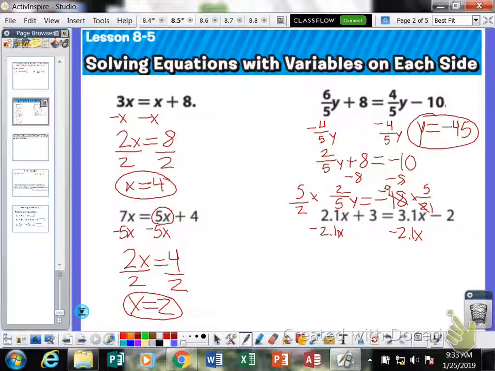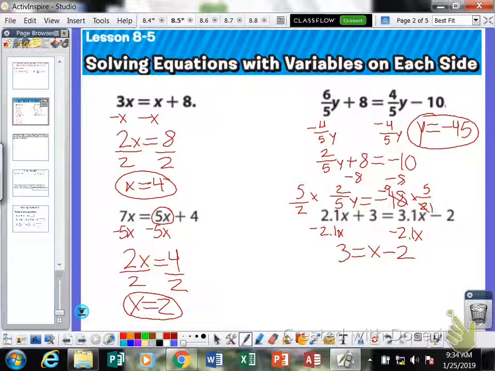It would leave you with a negative on your left side, and I like everything to stay positive. It just looks better to me, so I'm going to stick with subtracting 2.1x from each side, and that is going to leave me with 3 equals x minus 2.